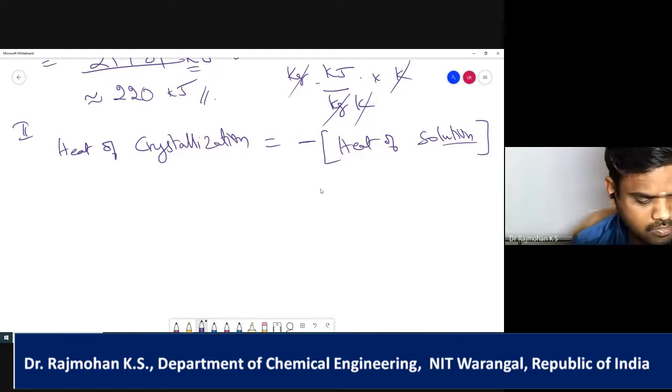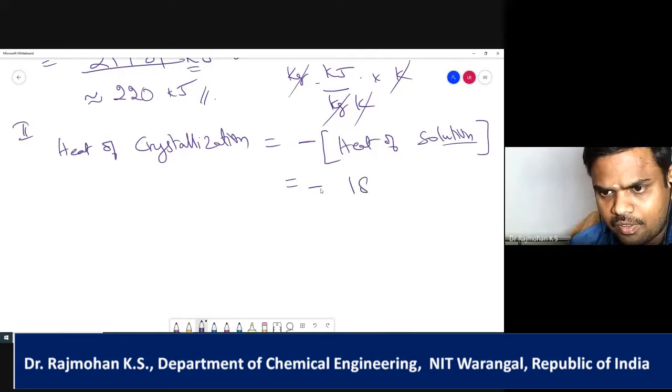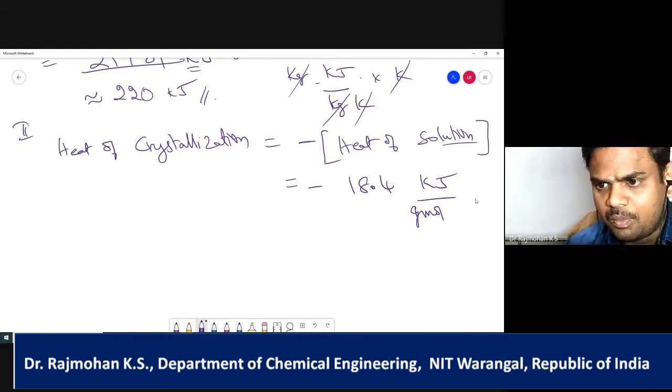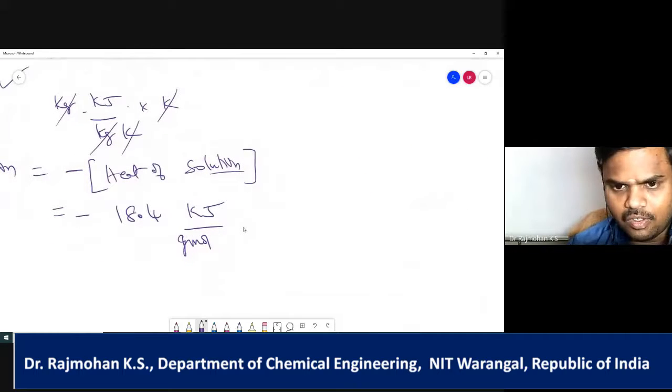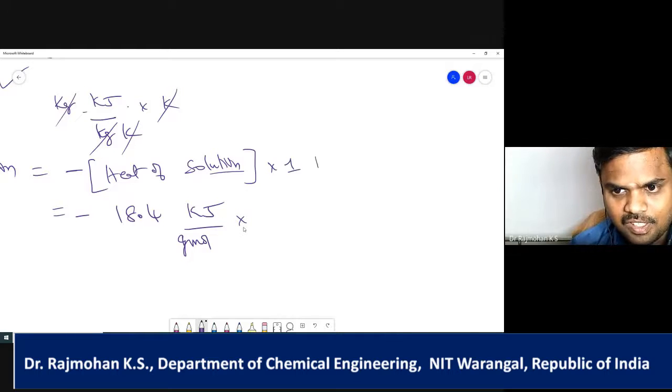It is given as minus 18.4 kilojoule per gram mole. Okay, kilojoule per mole is given, so we have to multiply by the moles of C. So how much crystal is formed? 1 kg of crystal is formed, right?